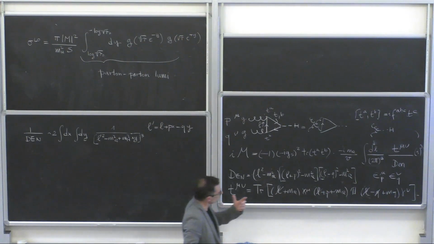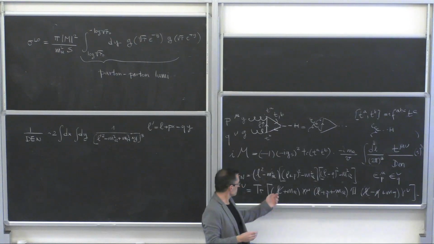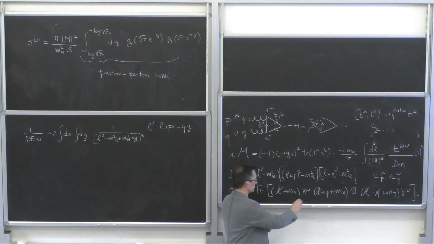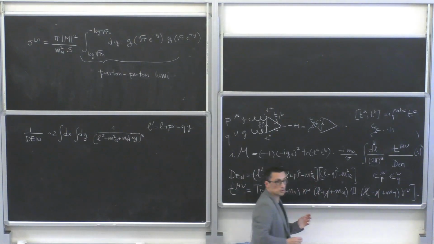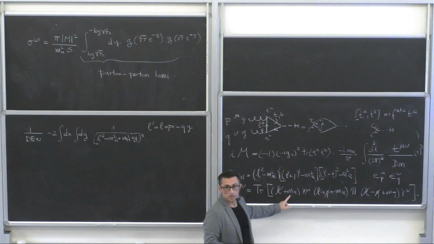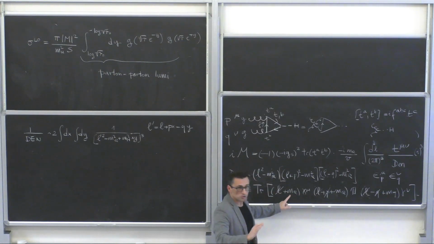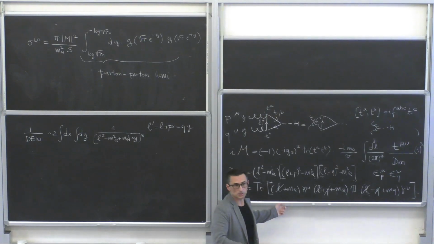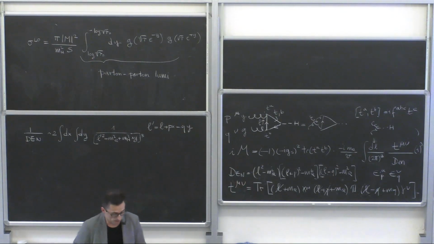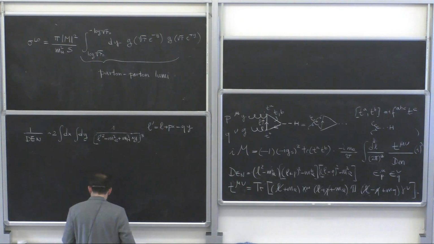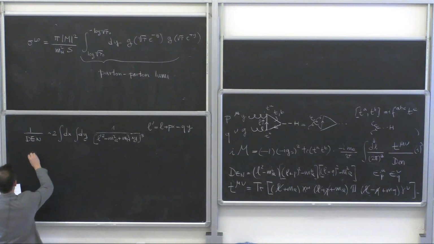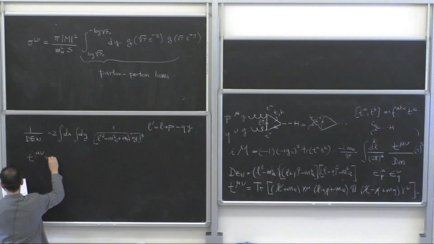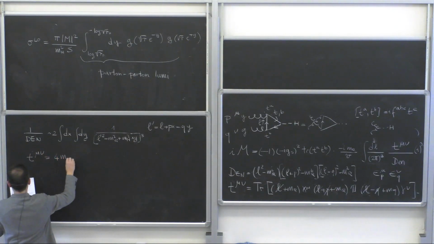But to get an even number of gammas, I have to sacrifice one of the slashes, okay? Which means that I have to pick up by force one of the masses. Is that clear? I end up only with an even number of matrices.